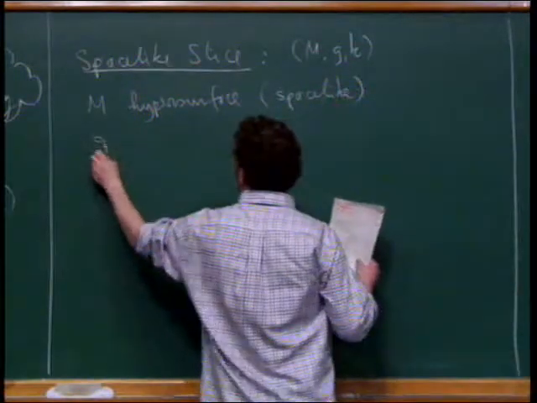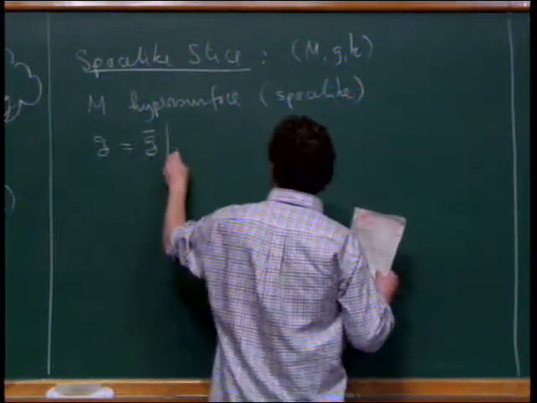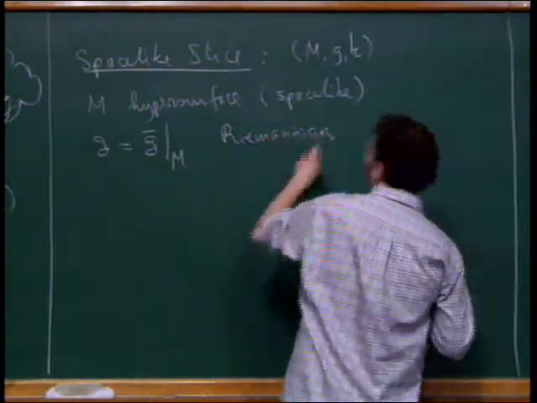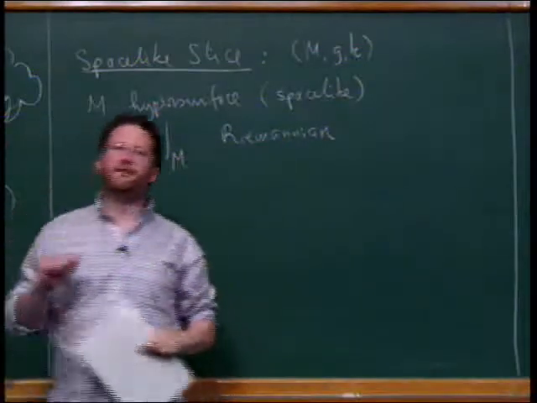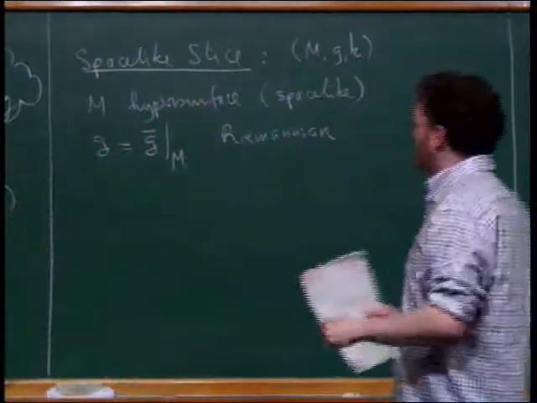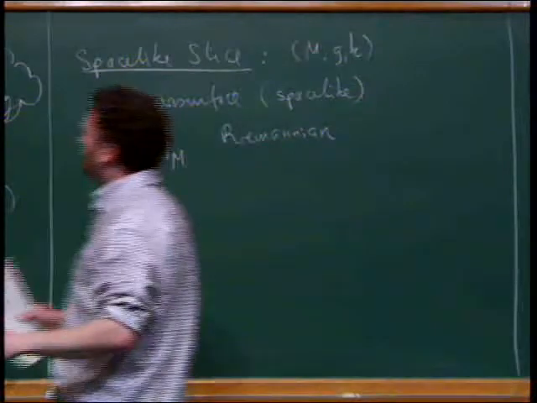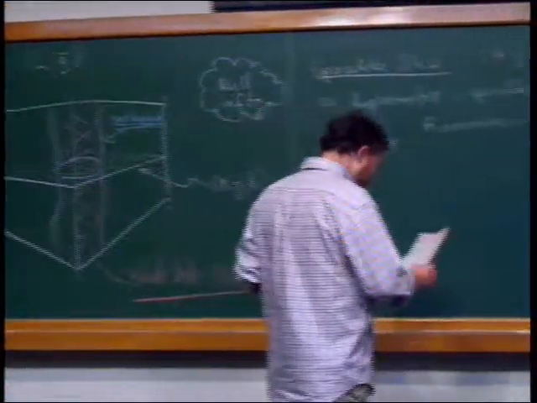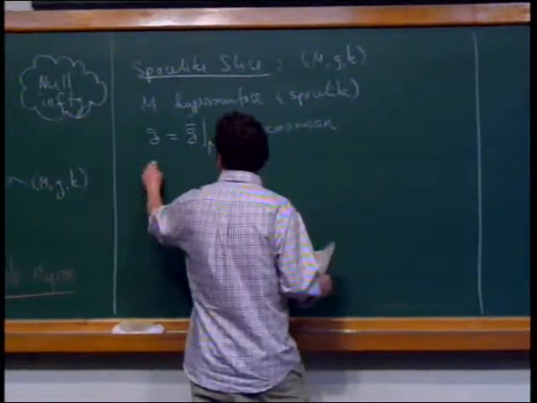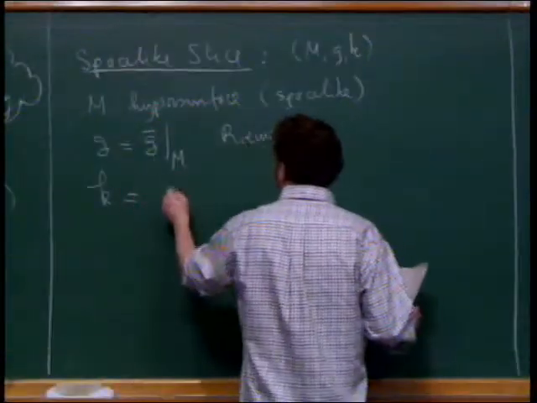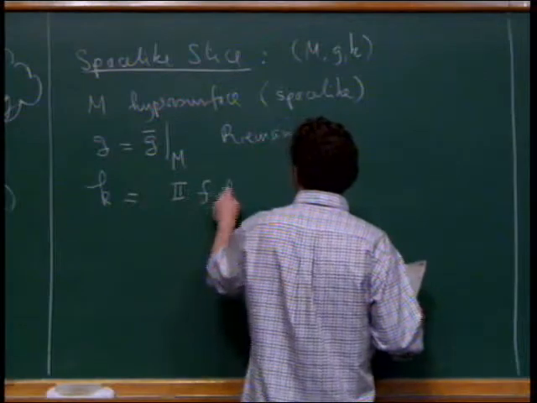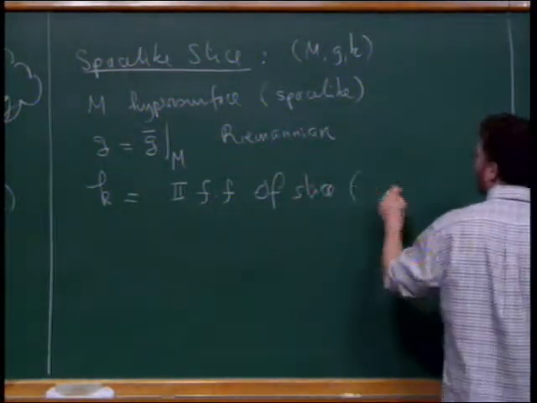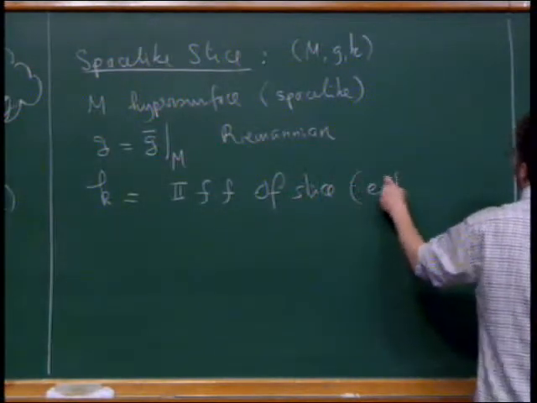It means that g, which is the restriction of G bar to M, is Riemannian. So the Lorentzian metric, when you restrict it to this hypersurface, we require to be Riemannian. Another way of putting it is that you have a sign condition for the tangent vectors at every point. And K is, let's say, the second fundamental form of the slice, or if you like to call it extrinsic curvature, whichever way you prefer.